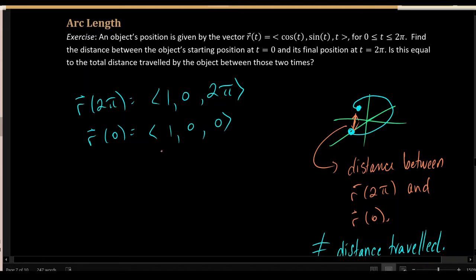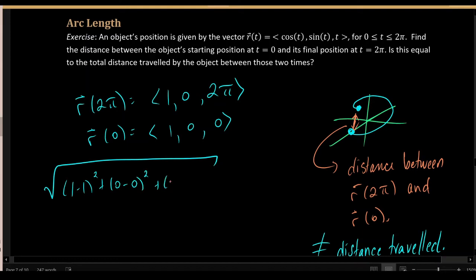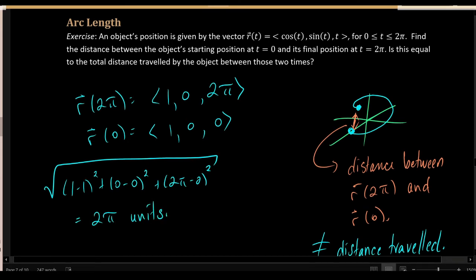So if I calculate the distance between these two positions using the 3D distance formula, I get 1 minus 1 squared, 0 minus 0 squared, 2 pi minus 0 squared, which simplifies to 2 pi units. Basically, just the difference in height between one point and the other, not including all this x and y movement that happened in the process of getting from one point to the other.